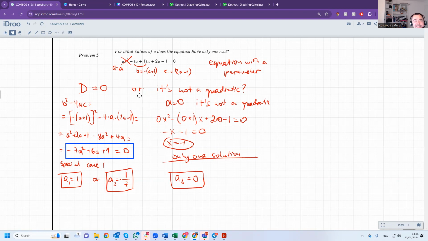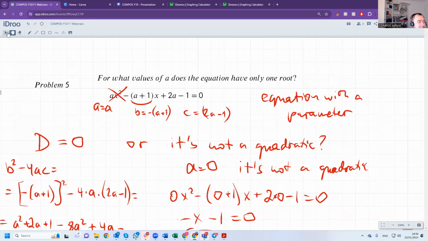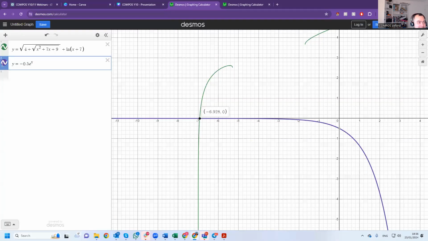Right. But since we've been talking about the graphical method, of course, we can use the graphical method here as well. And Desmos is a superb tool for that, because Desmos can do magic.